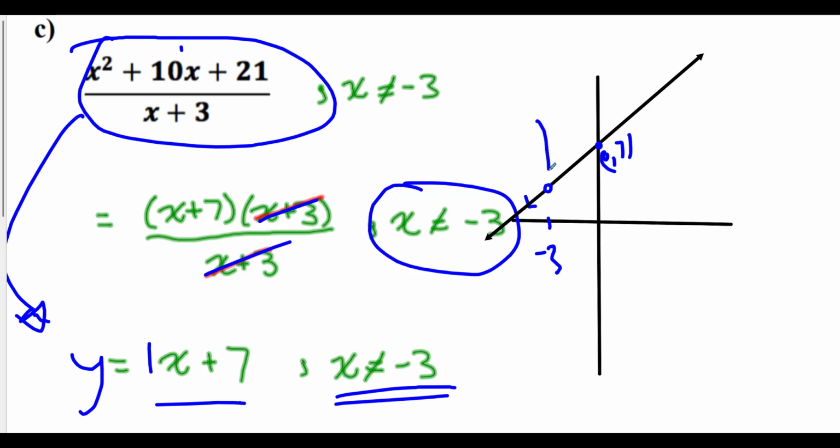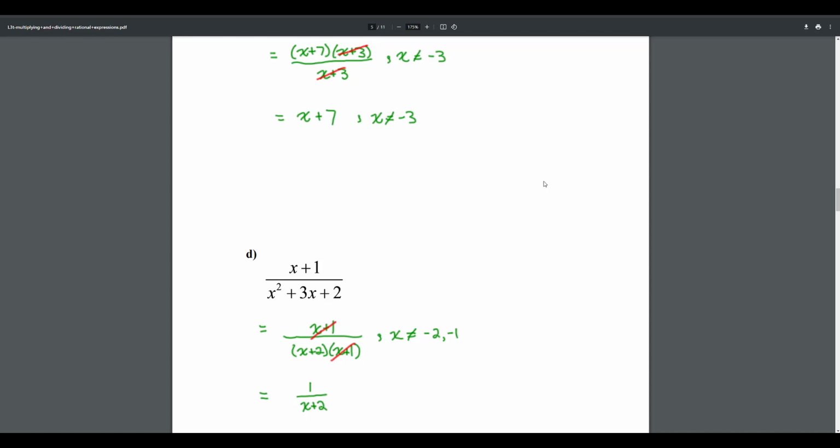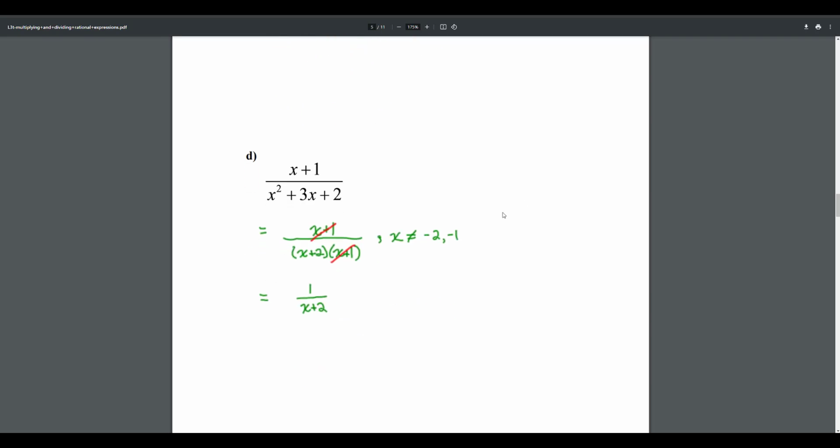And there's a hole in the graph at exactly x equals -3. So graphically, this is what it looks like. Please watch the videos for more in-depth explanations. I don't have as much time. Obviously, this is like a 2 or 3 day lesson, and I only have an hour. So, yeah.